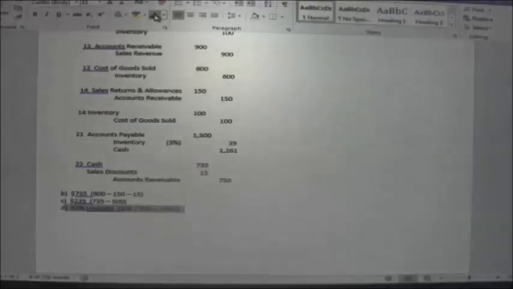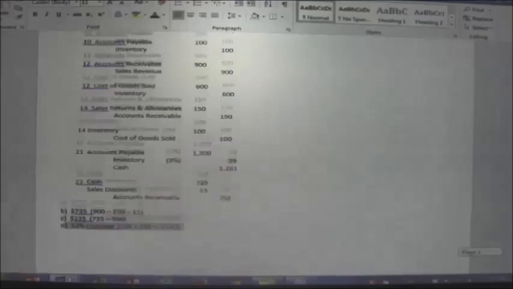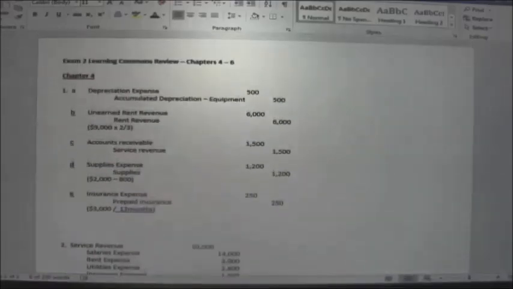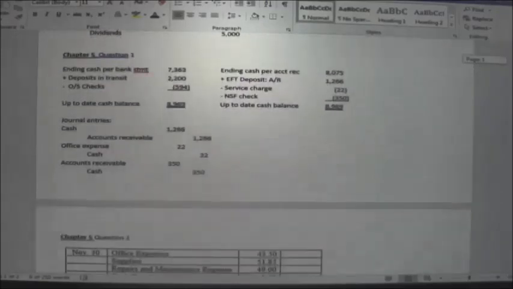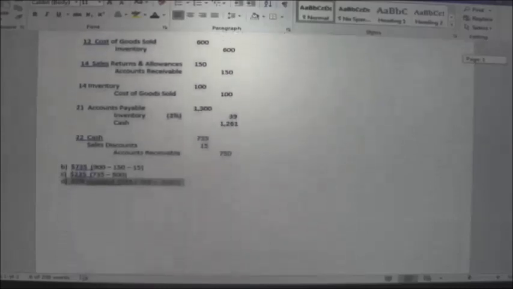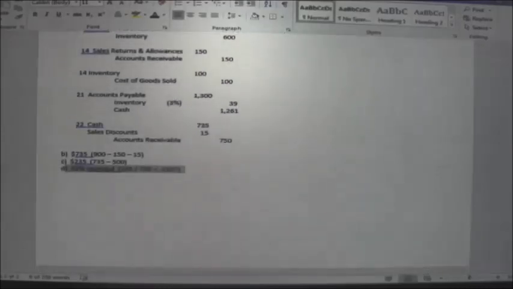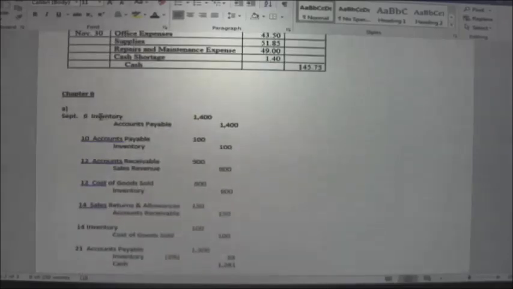Okay? This section is really about the journal entries. I encourage you to make sure you memorize them if you have to, so you are not lost on what the journal entries are. Because then from there it's easier to do the calculations. If I know that when I do a purchase, it's going to be inventory and accounts payable, I know that, and it's just an amount.